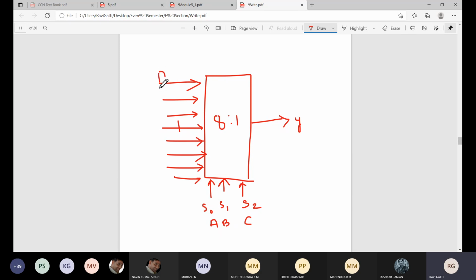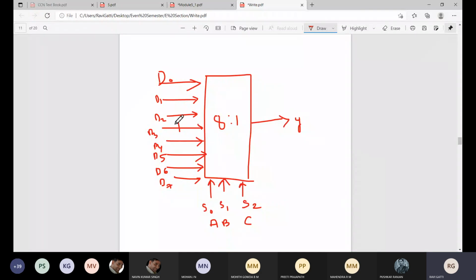So this will be D0, this will be D1, this will be D2, this will be D3, D4, D5, D6 and D7.